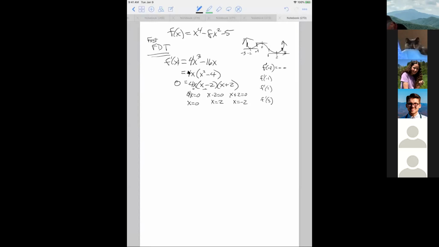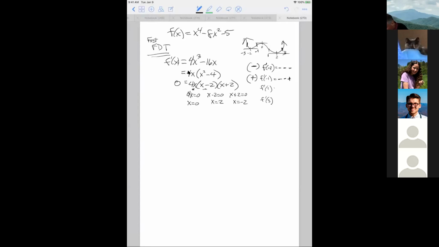I plug -3 into x plus 2, I get a negative. So that means I get a negative, negative, negative. That is a negative. Look at -1. I plug it into 4x, I get a negative. Plug it into x minus 2, I get a -3. That's a minus. I plug it into x plus 2. Notice that one of them is changing at a time here. Now I've got negative times a negative, which is a positive.